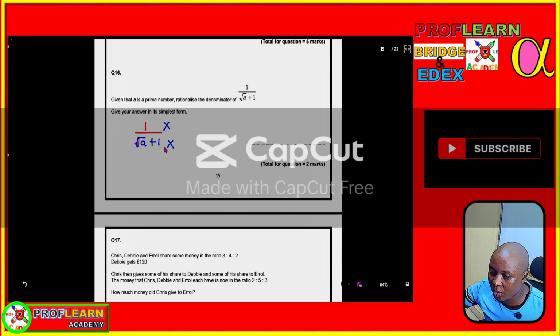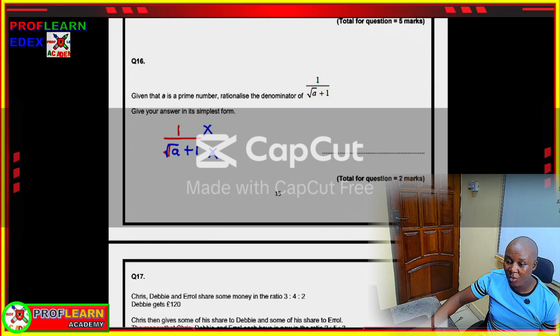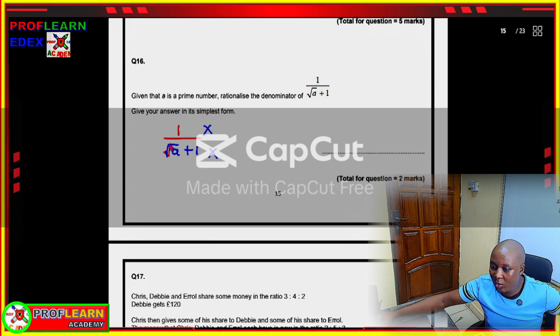To find the conjugate, you are going to multiply the numerator and denominator, and you change only the sign of the expression of the denominator. So in that case, we are going to say root of a minus 1 times root of a minus 1.